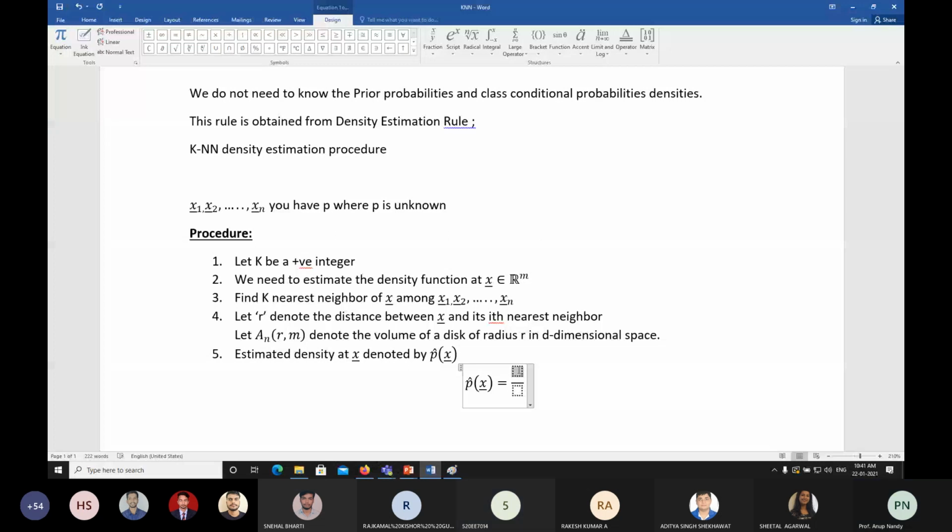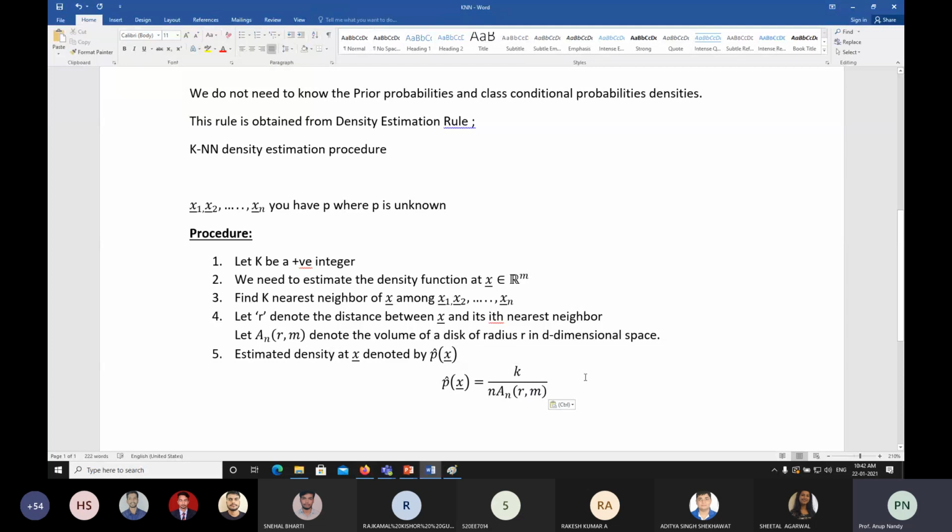Very good. It is K divided by N. It is a mass, or in the numerator you can write K by N into this A_n(r). Okay, provided. So now K is a function of n.